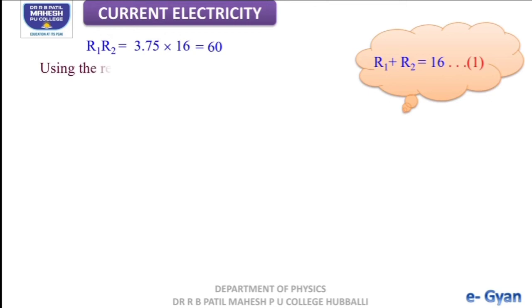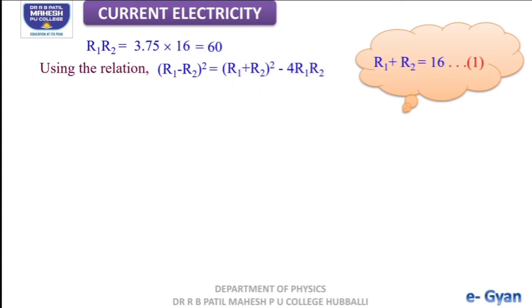Now, using the relation (R1 minus R2) whole square is equal to (R1 plus R2) whole square minus 4 times R1 into R2. You have to remember this equation to solve this numerical. We know the value of R1 plus R2 and R1 into R2.